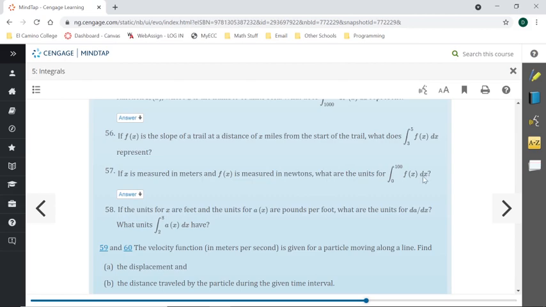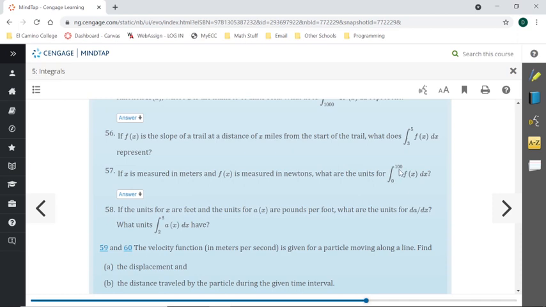Notice the units of the bounds here in our integral, they're units of the variable x, and x is being measured in meters here. It's not a time integral here. It's a spatial integral. So we are saying from the position where x equals 0 meters to where x equals 100 meters.